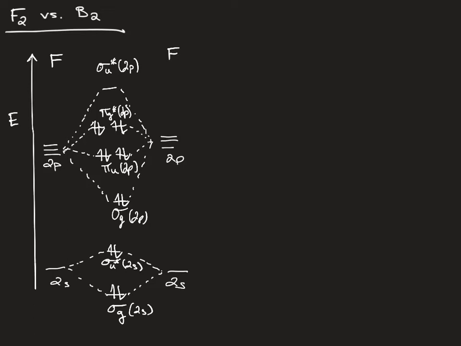Going over and now doing this for diboron, we're going to change the energy of our 2p's and our 2s's to reflect the fact that the ionization energy for the 2p and the 2s electrons in boron are much higher than they are for fluorine. So here, we have our 2p's here, and then we're going to put down our 2s's here.